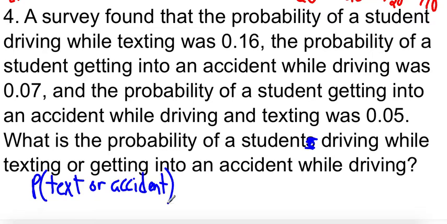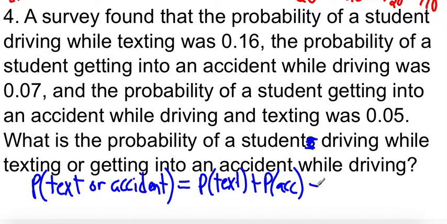We need to decide if there's overlap. Is it possible to get in an accident while you're texting? And the answer is yes, so we have data on that. So this is an inclusive event. So we need to find the probability of texting plus the probability of getting an accident, and then we need to subtract the probability of both of those things happening.